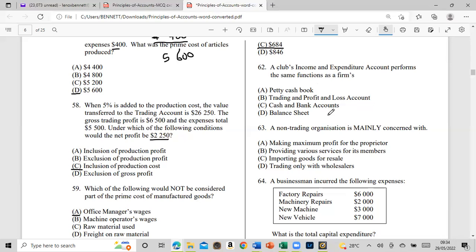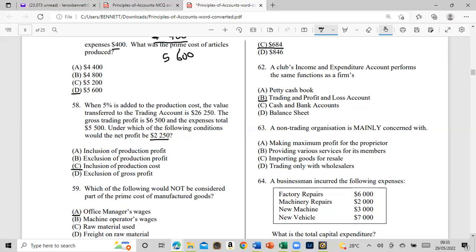So let's read again. A club's income and expenditure account perform the same function as a firm's. And that would be trading and profit and loss account. So 62 would be B. So we didn't do any calculation here.